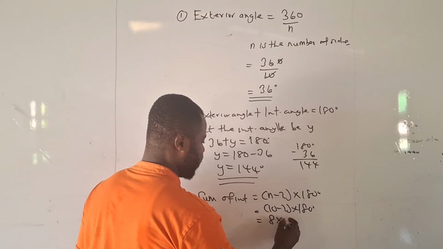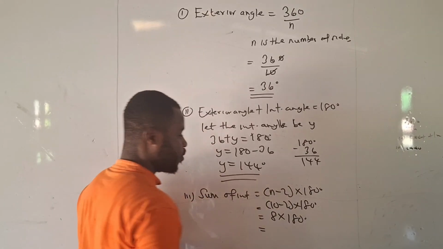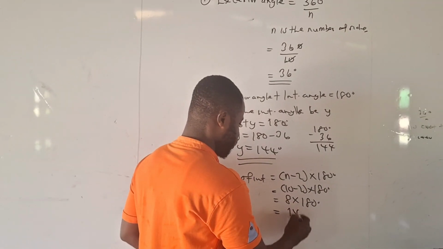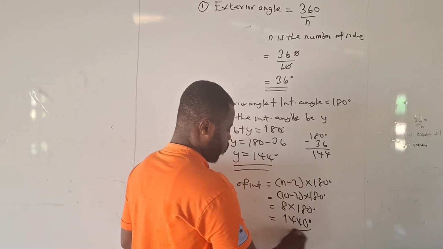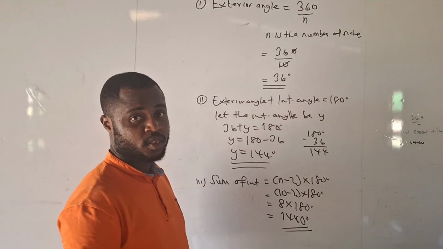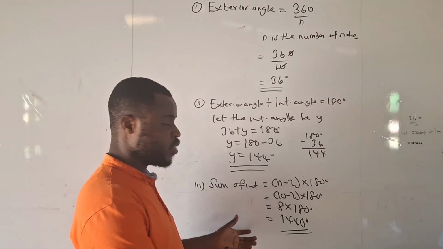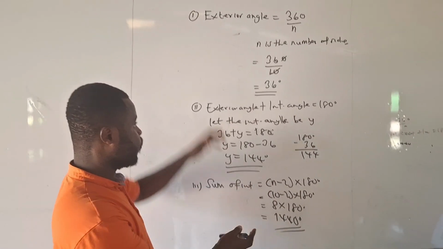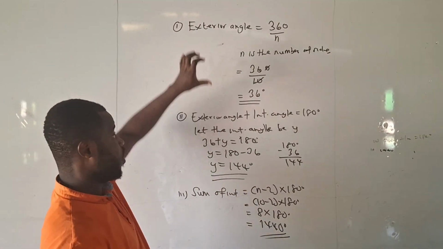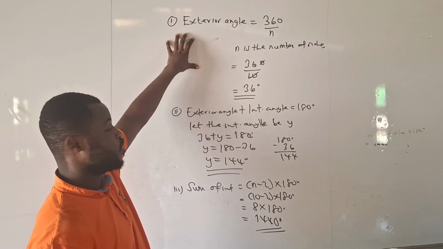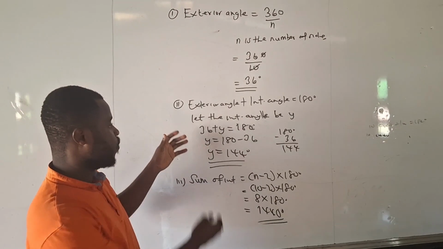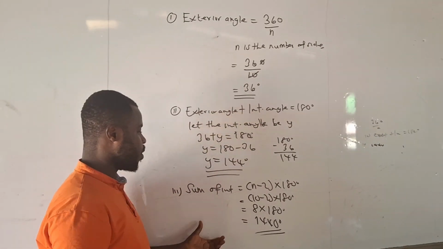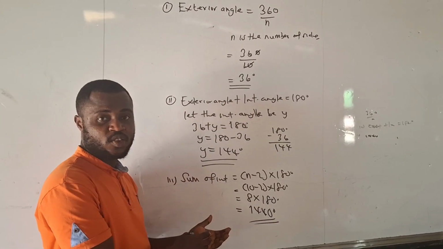So we have 8 times 180 degrees, which gives us 1440 degrees. We solved this in our previous video. So this is a 3-in-1 question. The first, we find the exterior angle. Then we find the corresponding interior angle to that exterior angle, and then we find the sum of the interior angles.